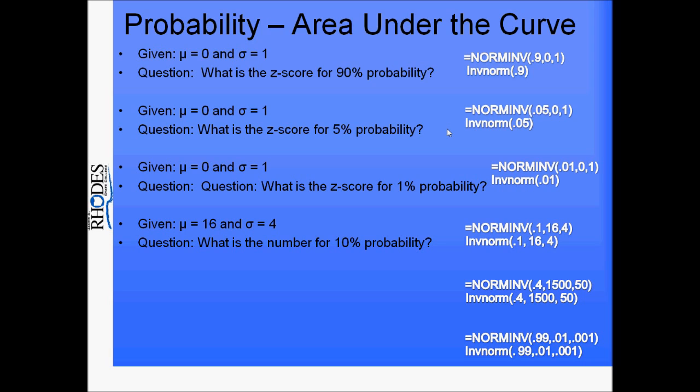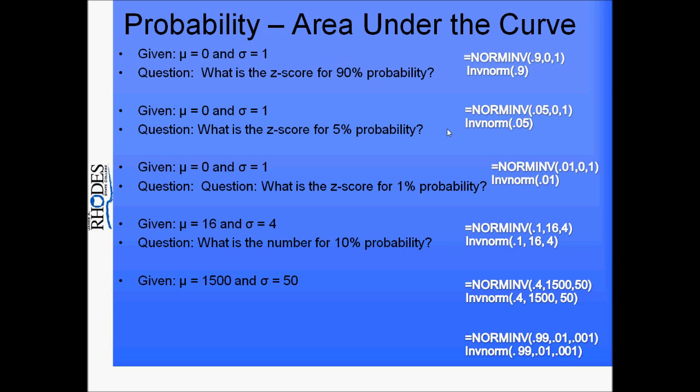Don't forget to add your mean. So your mean is 16, then add your standard deviation, which is 4, and it'll spit out the number, which is 10.87. Okay, so at 10.87, that's where 10% of the curve falls from that number to the left, or to negative infinity.